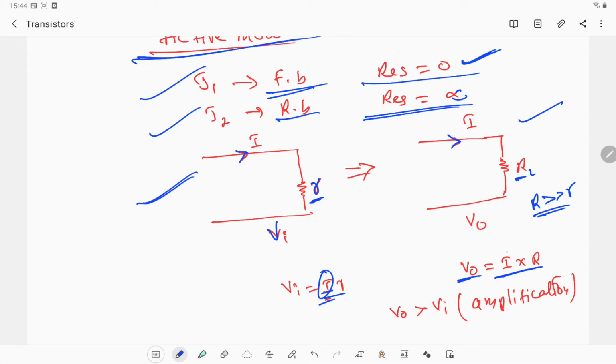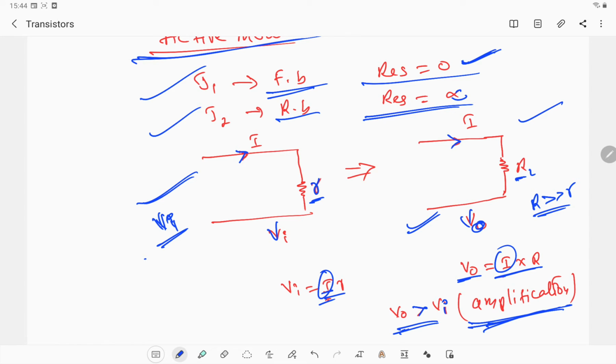In both, I is constant, but R is very much greater than r. Therefore, the output potential is greater than the input potential. Means if a small amount of potential is given in the input circuit, we can get a large amount of potential from the output circuit. This is the reason we use a transistor as an amplifier.